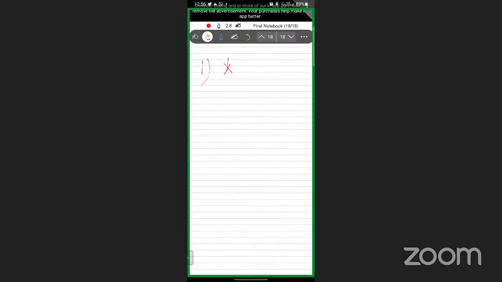Let me give you the list of all properties. Number one, star is closed. That means when I take two elements of G, I must again get an element of G and nothing outside it.